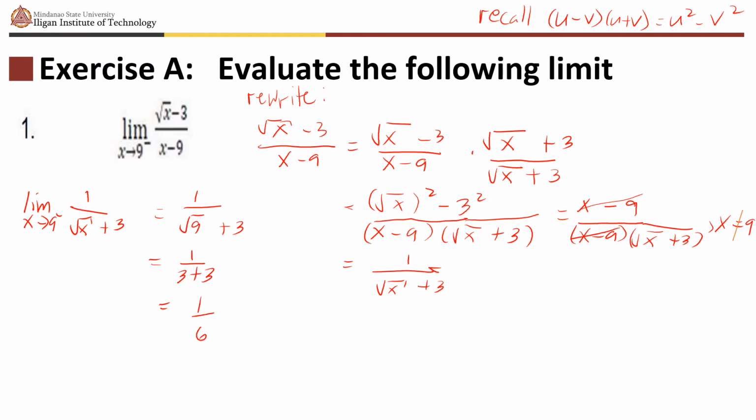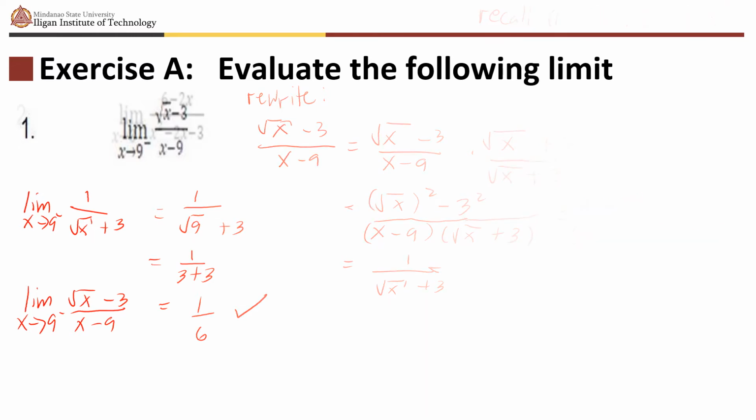So the limit, going back to the original function, of square root of x minus 3 all over x minus 9 as x approaches 9 from the left is equal to 1 over 6. Now let's go to the next number here.